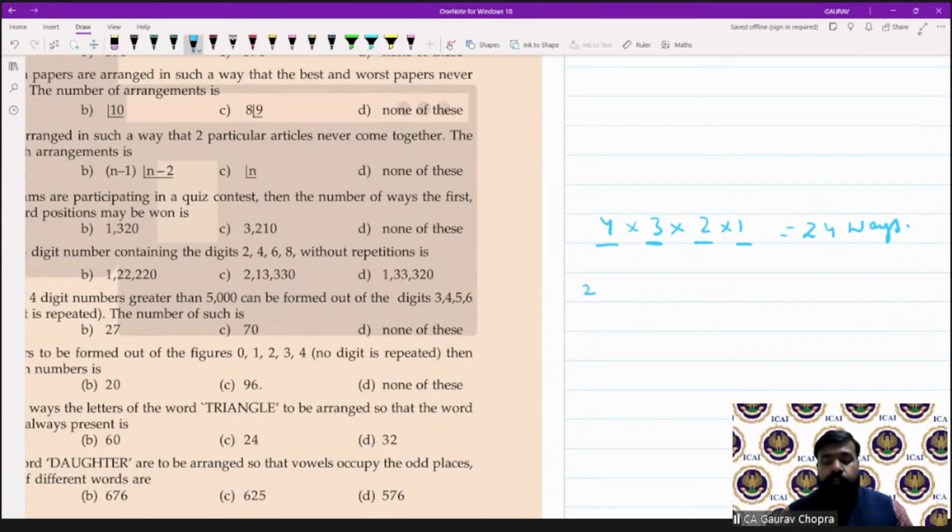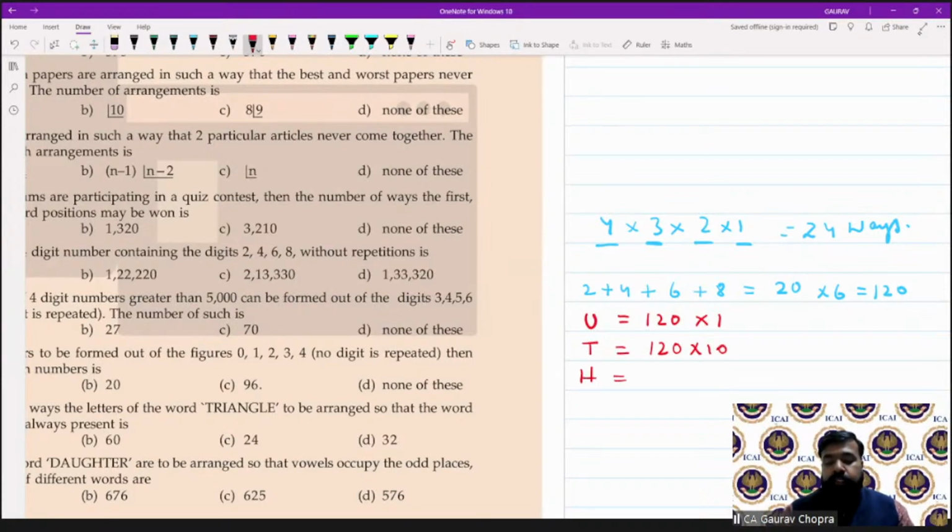Add all the numbers first. 2 plus 4 plus 6 plus 8. What is the total? Total is 20. And all these numbers will come 6 times. So it is 120. So for unit place, 120 is multiplied with 1. For tens place, 120 into 10.